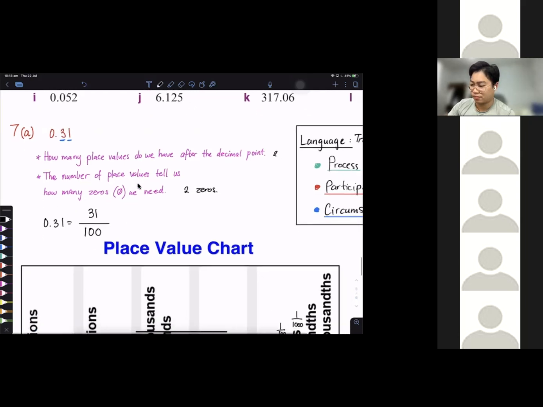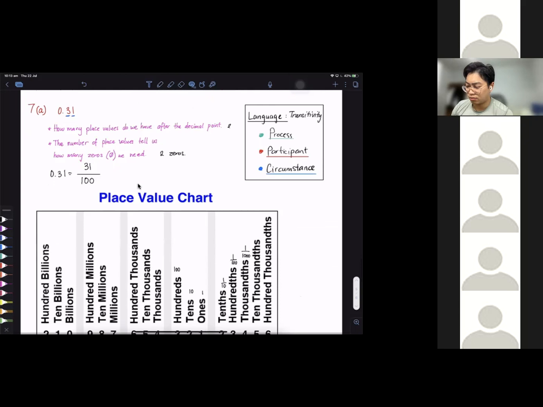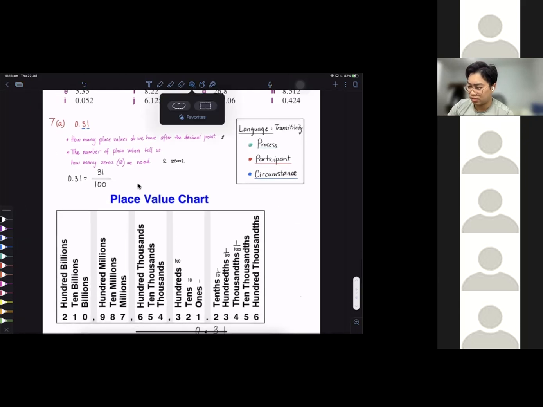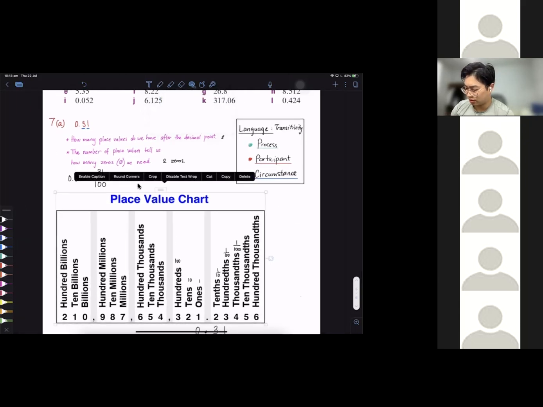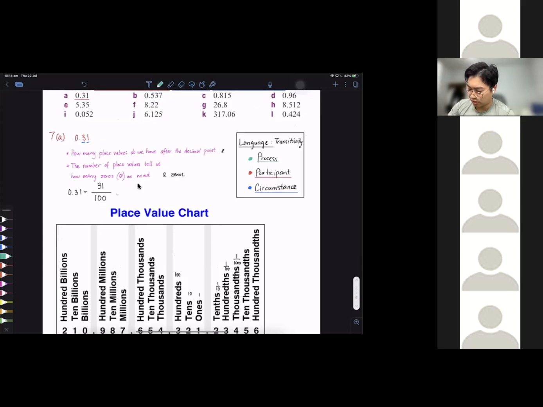Looking at the 31 and the 100, is there any number that would go into both? No. Unfortunately not. So we're going to conclude that that is the simplest form. It is already in the simplest form.